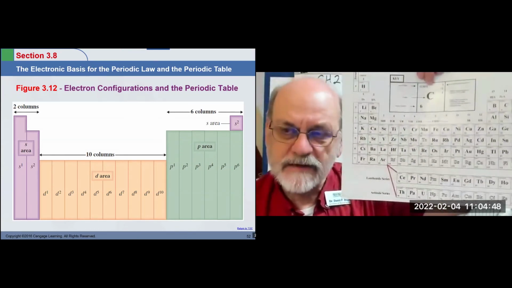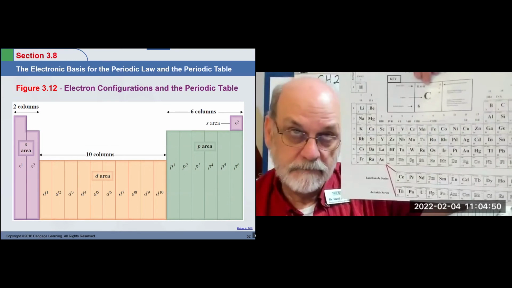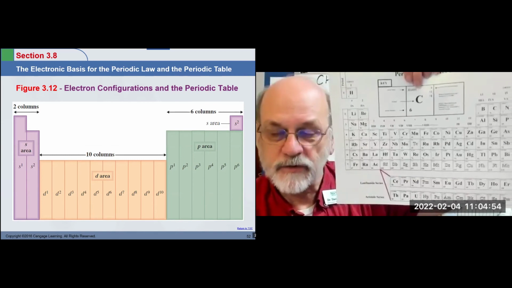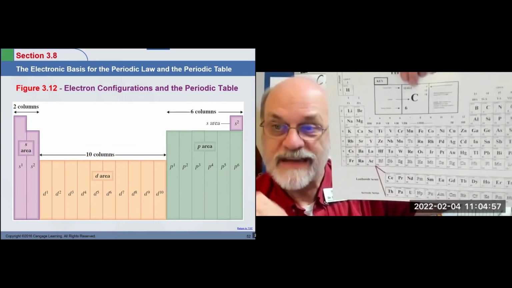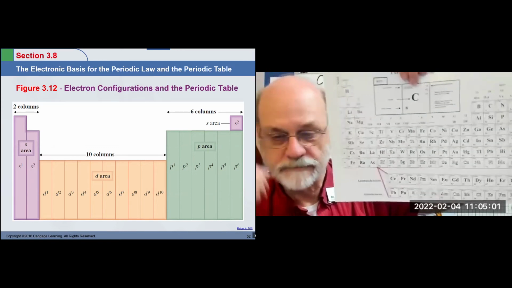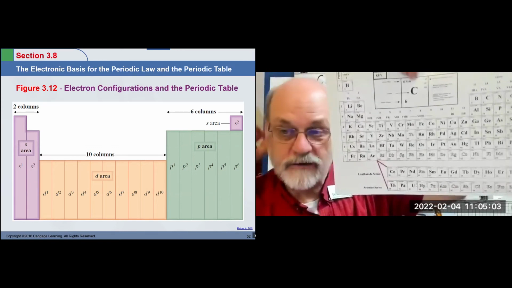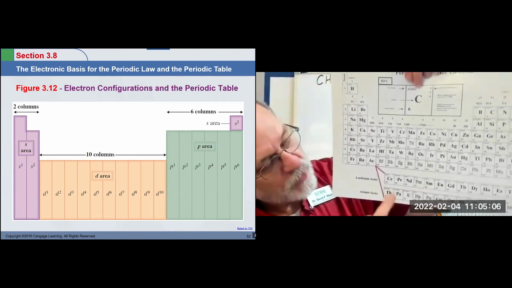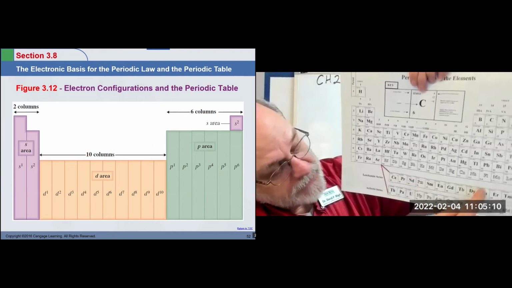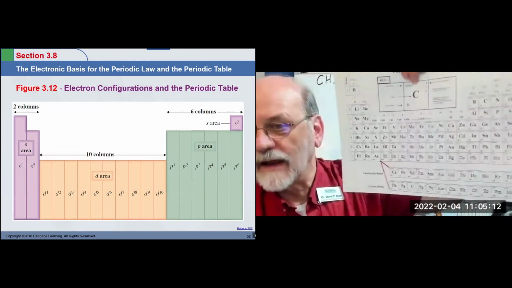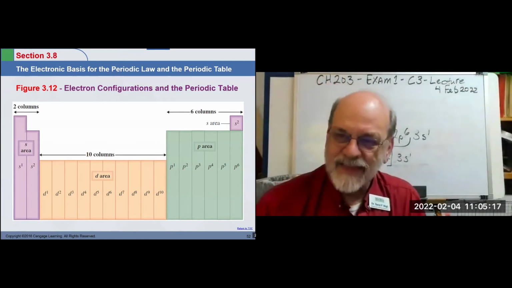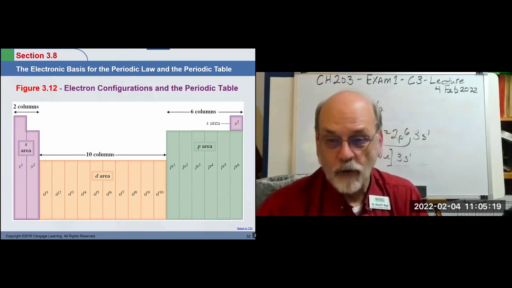Remember, you can have 7 possibilities: minus 3, minus 2, minus 1, 0, plus 1, plus 2, plus 3 within the f orbitals. 2 electrons each means 14. So if you look here, you got 1, 2, 3, 4, 5, 6, 7, 8, 9, 10, 11, 12, 13, 14 elements filling the f orbital. So the lanthanides and the actinides are filling f orbitals.